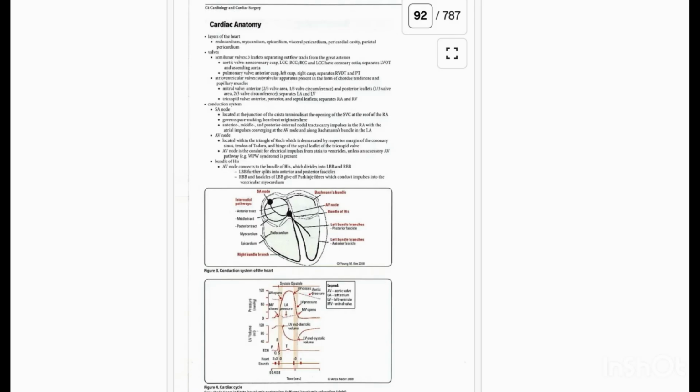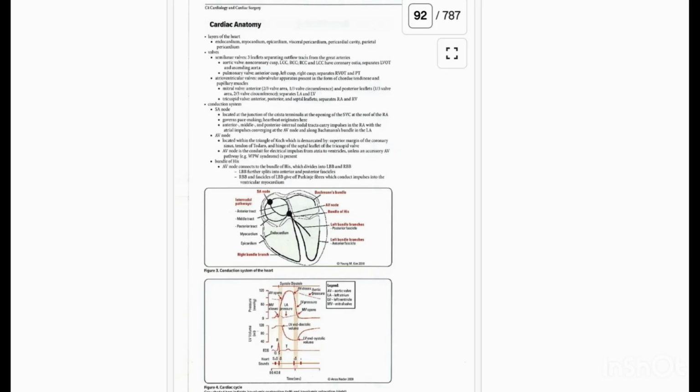The pulmonary valve features an anterior, left, and right cusp, separating the right ventricular outflow tract, or RVOT, from the pulmonary trunk. In contrast, the atrioventricular valves rely heavily on the subvalvular apparatus, made up of chordae tendineae and papillary muscles, to prevent regurgitation.